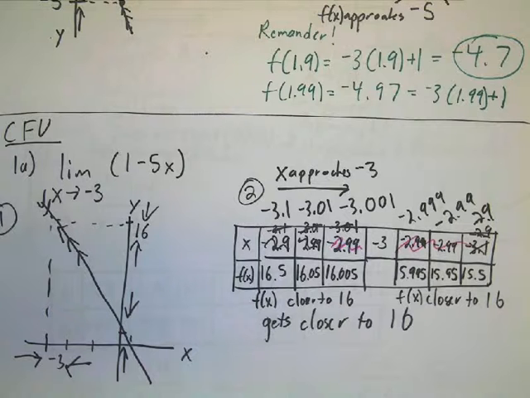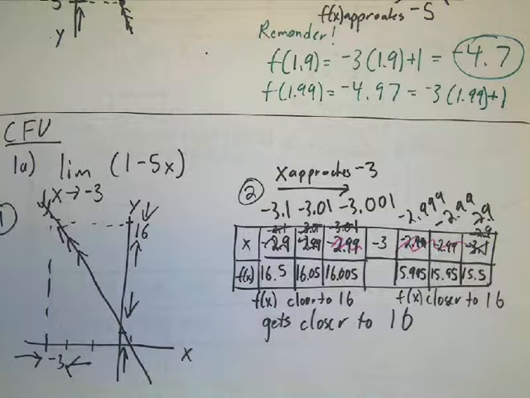It looks like both of these sides are getting closer and closer to what? 16, exactly. So as x gets closer and closer to -3, f of x gets closer to 16, exactly. All right, let's keep powering through to the next.